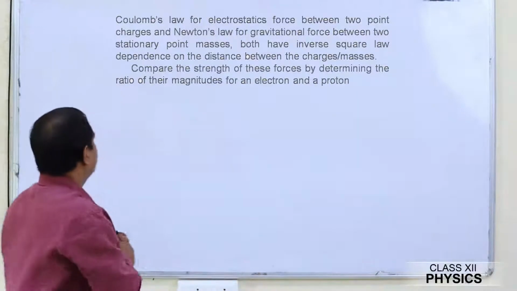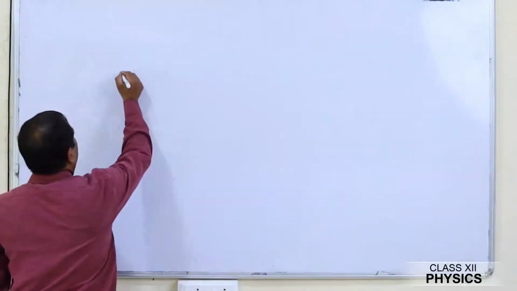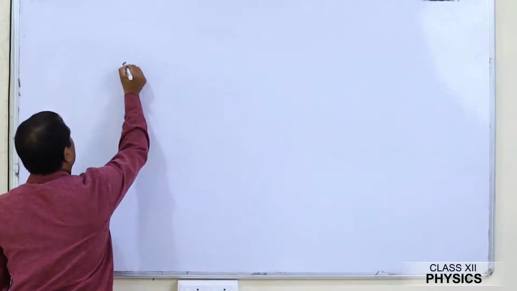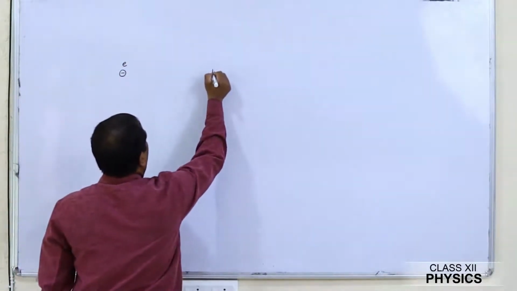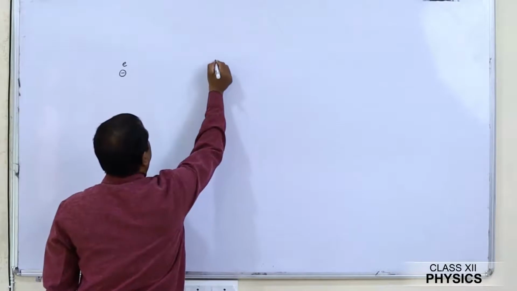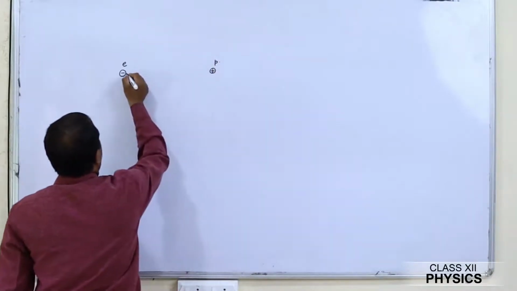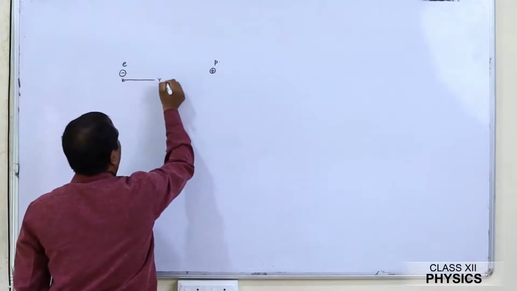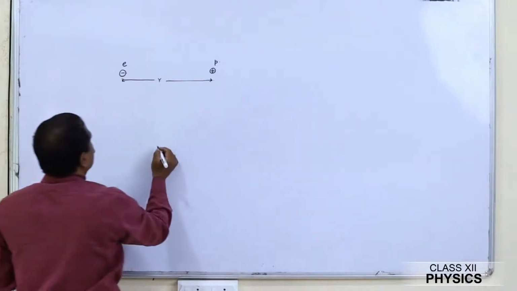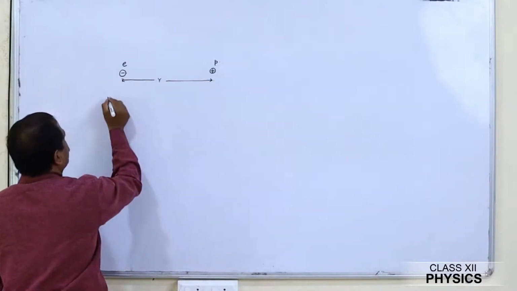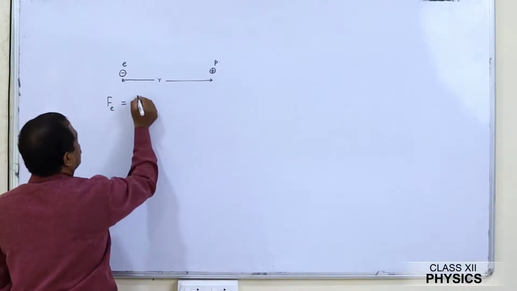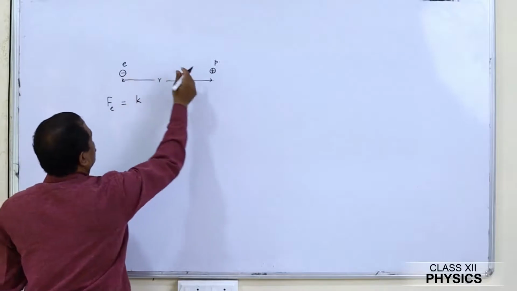In that case, let me suppose that I have an electron here, so this is e, and I have a proton, this is say p, and these two are separated by a distance of r. When I talk about Coulomb force, so electrostatic force, this works out to be K into the product of the two charges.